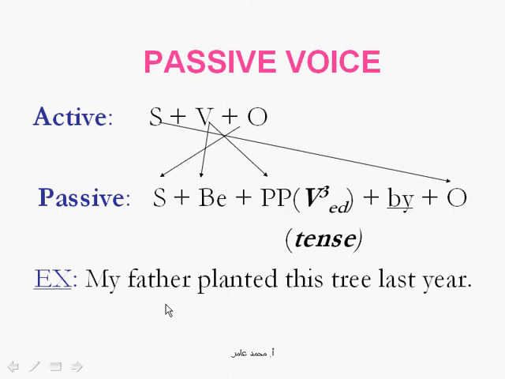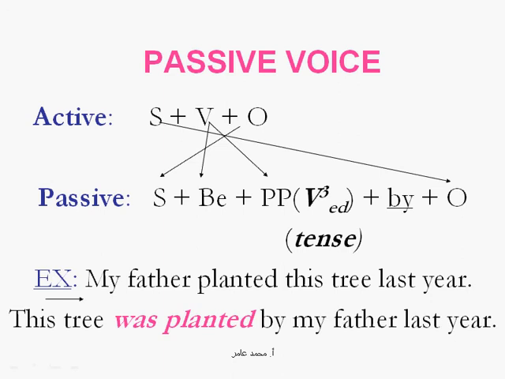For example, my father planted this tree last year. When we change this active sentence into passive, it becomes this tree was planted by my father last year.